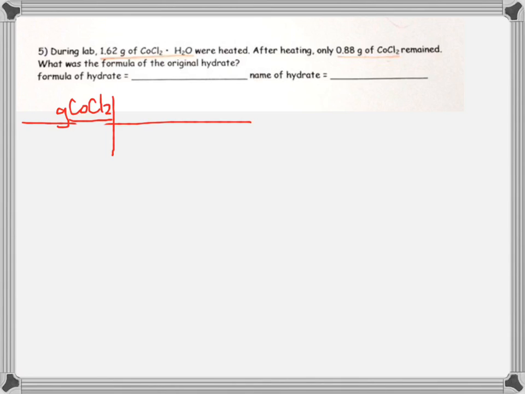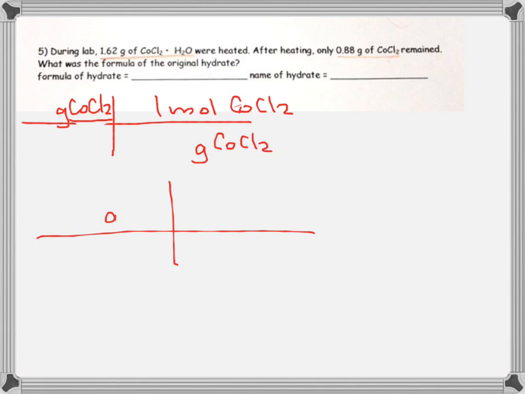So you need the grams of this cobalt 2 chloride by itself, and you're going to be changing that to moles of CoCl2. Your second T-chart is going to be grams of H2O, and the mass of water is this.